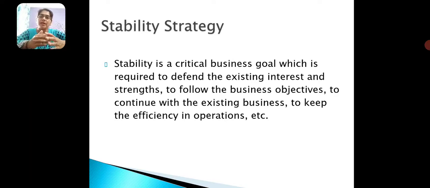You just want to maintain the status quo, offer the same products, give the same services, and maintain your market share, so that you're not reinvesting your money in expansion, or thinking of merging with someone or acquiring some other firm, entering into new markets and venturing with new products and services. No, you're just maintaining the status quo.